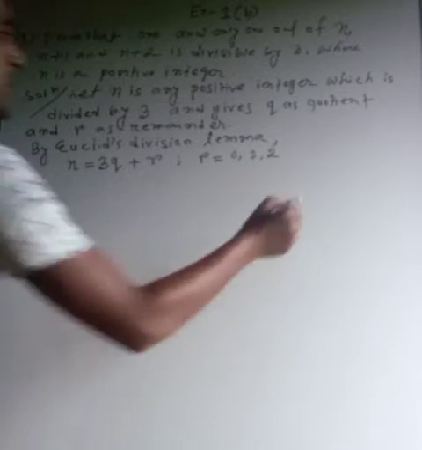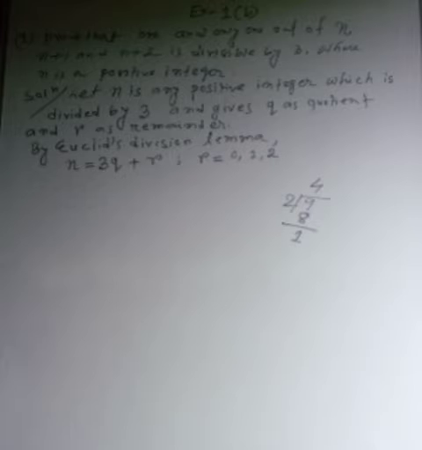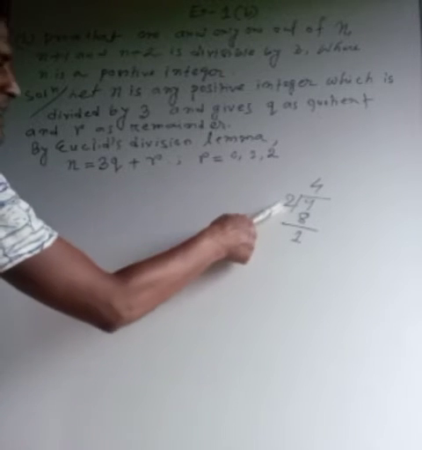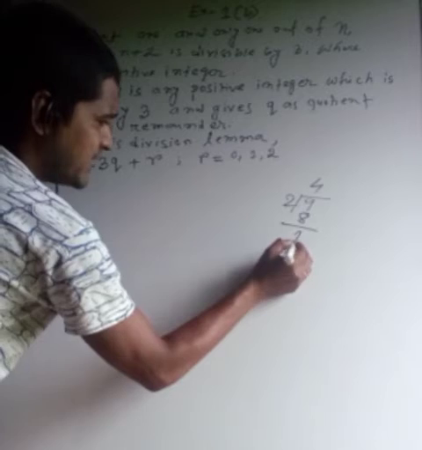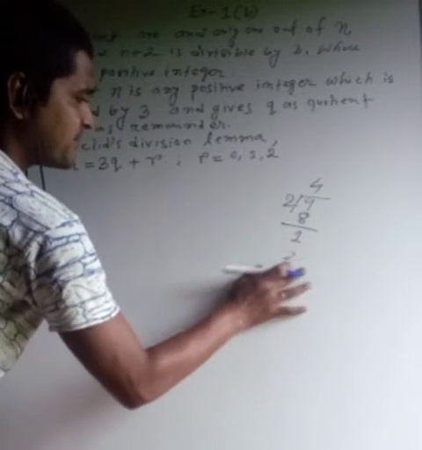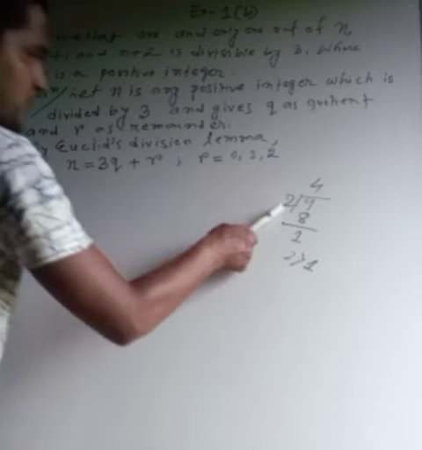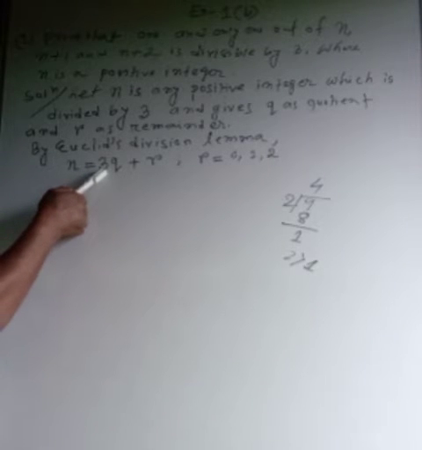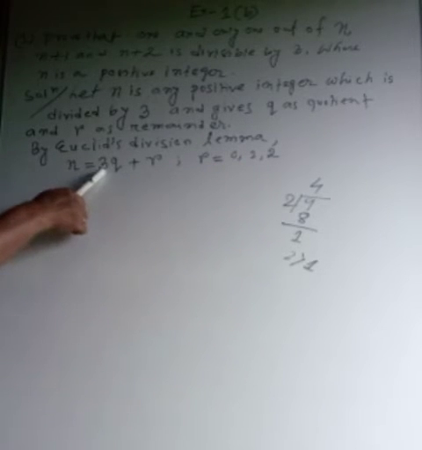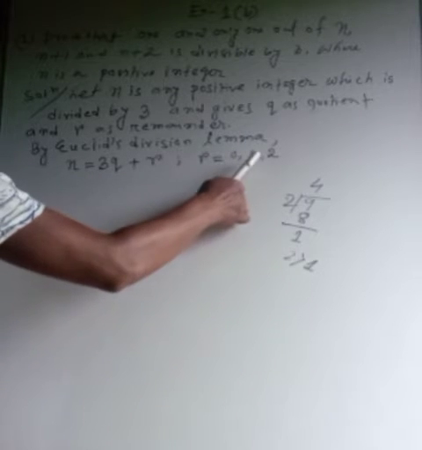Because, suppose you divide 9 by 2, 2 fours are 8, so the remainder is 1. From this we can understand that the remainder will be smaller than the divisor. Here the divisor is 3, so below 3, how much can we get? 0, 1, 2.